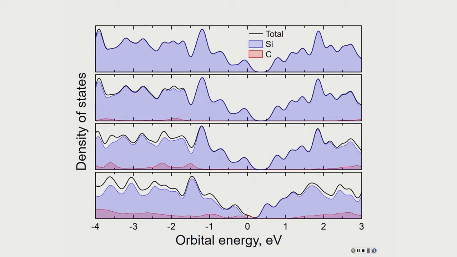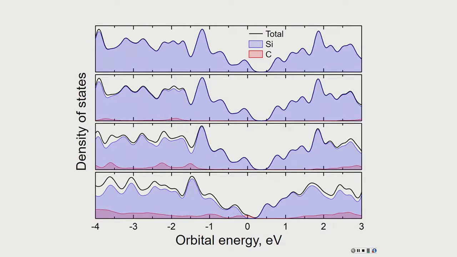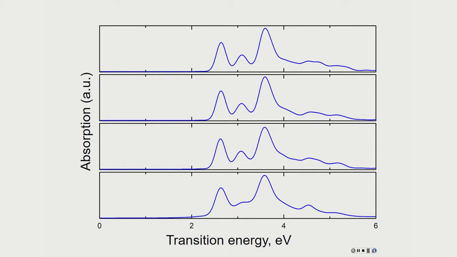I guess one reason is that the phenyl group is kind of bulky, so there might be some reconstruction on the surface, and also there might be some hyperstacking. And this is the absorption spectrum.